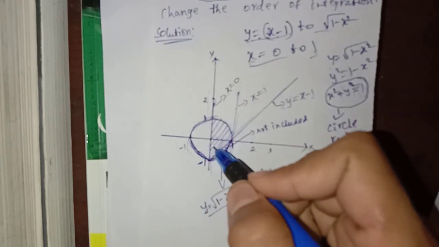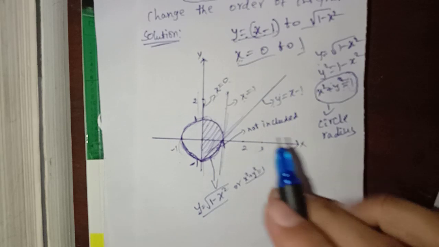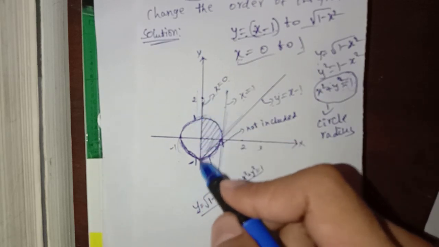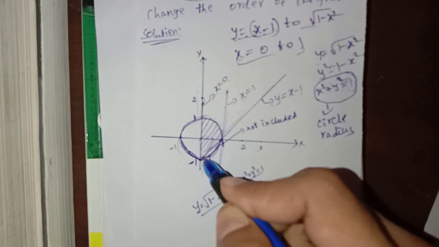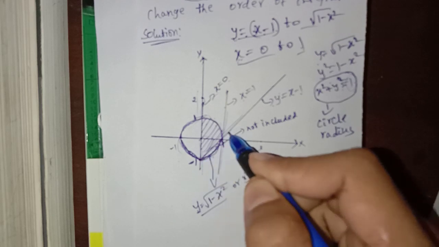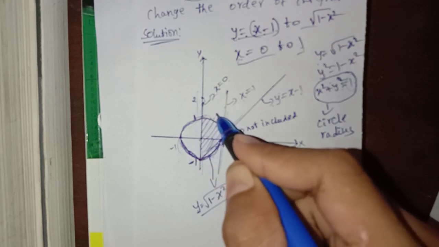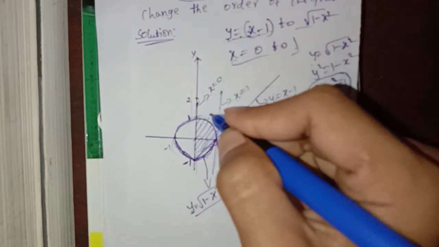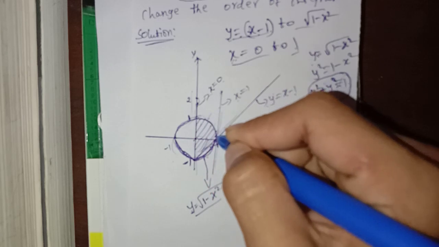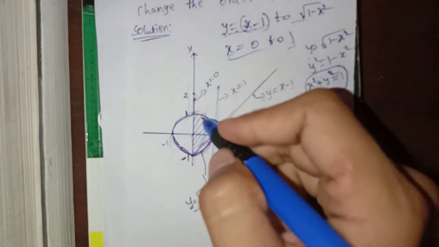Only this region is included. This is the x is equal to 0 line. From here to x is equal to 1, and in the y direction from y is equal to x minus 1 to y is equal to 1 minus root of 1 minus x square. From here to here. So this is the required region.